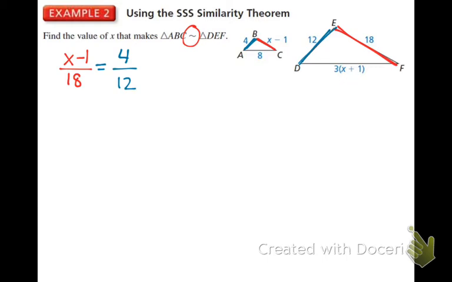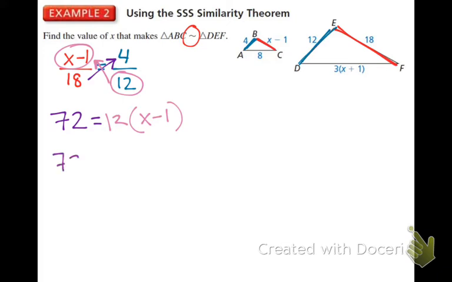We're going to distribute. 18 times 4 is 72. When I multiply 12 times x minus 1, what do I need to make sure that I do? Distribute. So we'll have 72 equals 12x minus 12.